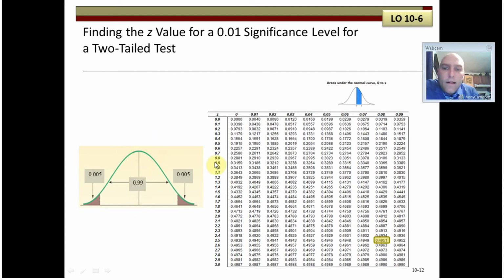So if the whole area here is 0.5, and this little area is 0.005, the area between here and right here is going to be 0.5 minus that number. The reason I'm looking for that area is because that's the area that this table knows. 0.5 minus 0.005 is 0.4950. We cannot find that area in this table, but we can find two values that are close.